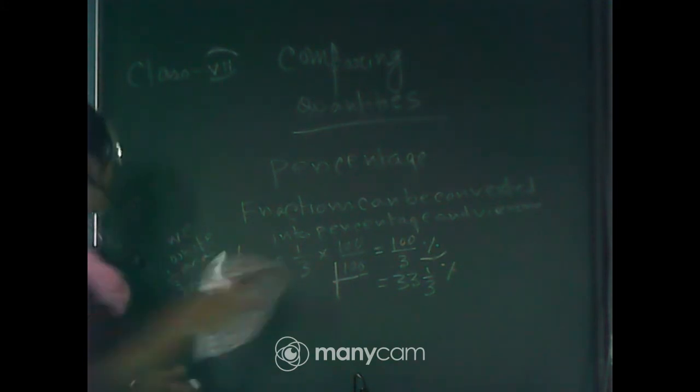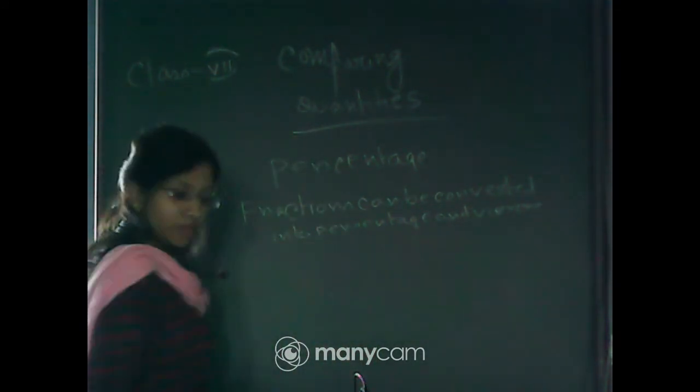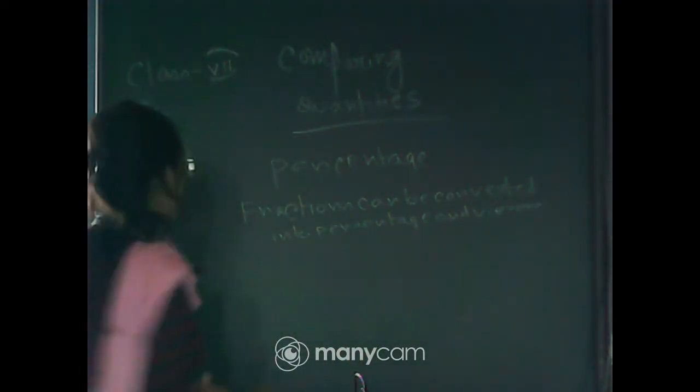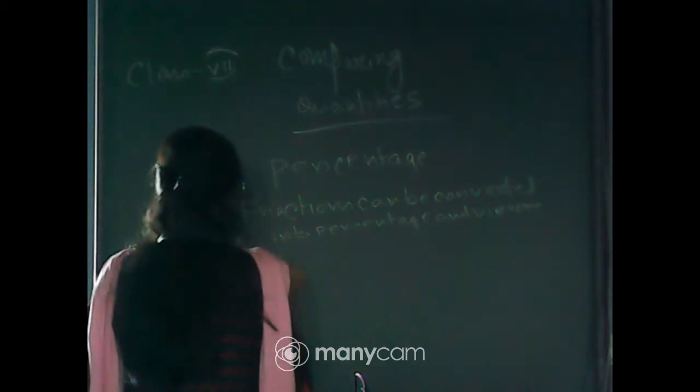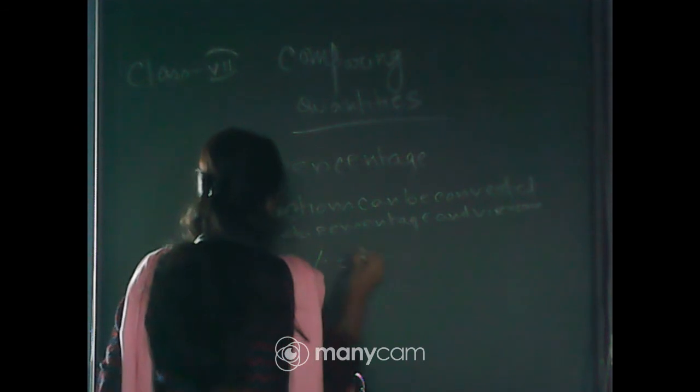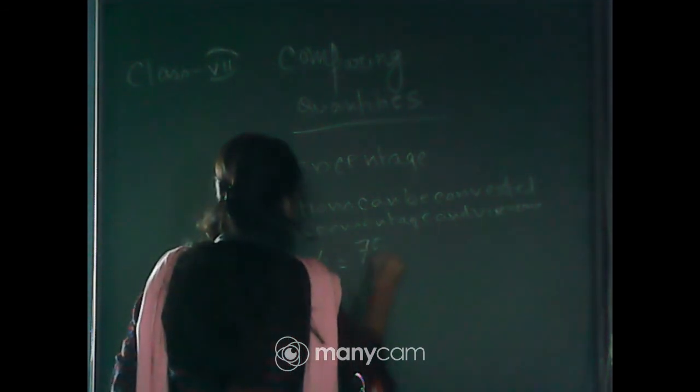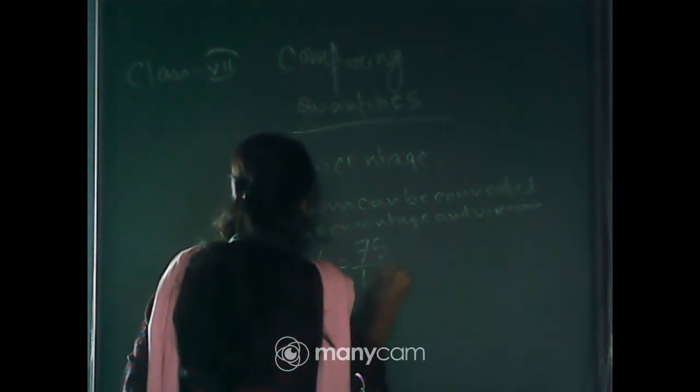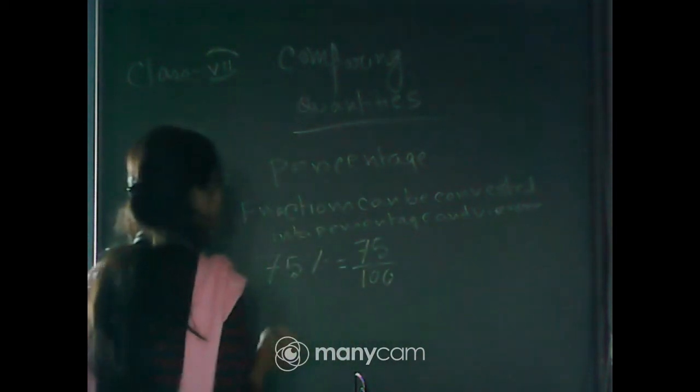Similarly, percentages can be converted into fractions. Here 75% is equal to 75 out of 100, that is 75 divided by 100.